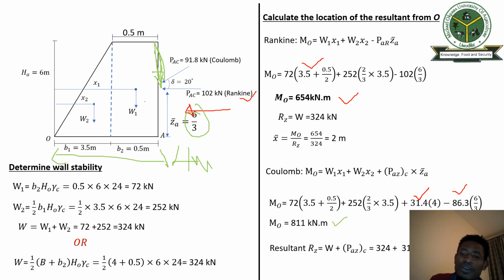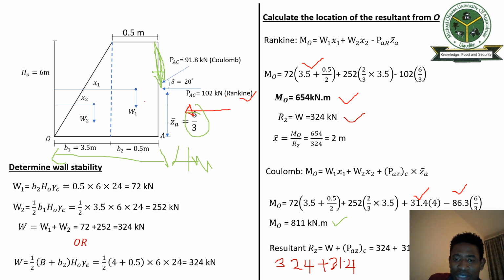So if you want to find the resultant vertical force, the difference between this one and the resultant vertical force for Rankine, I don't know if you guys can see it because this is actually blocking the place. Resultant vertical force for Rankine is now going to be 324 plus 31.4.